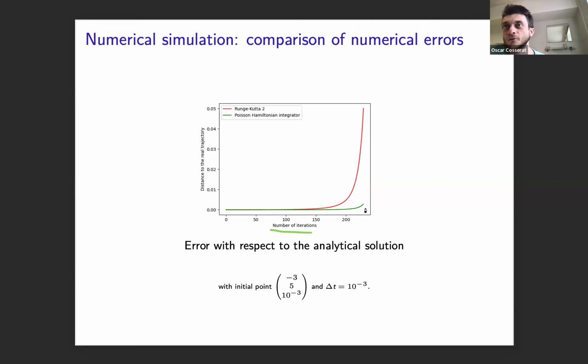At least it remains closer to the real trajectory than the Runge-Kutta method, even though the Runge-Kutta method is of order 2, while the Hamiltonian Poisson integrator we used is of order 1. So this is what I meant by some stability is expected for our numerics. It's more likely that you obtain more stable methods if those methods preserve the geometrical invariance of your dynamical system.